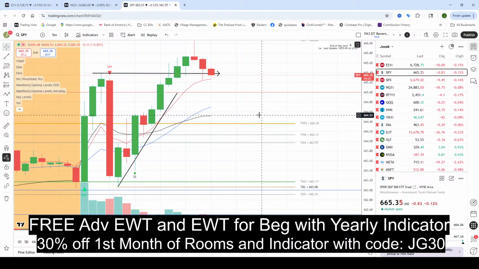All right, starting to see some weakness come through here. May get a sell signal soon. Need to see NQ drop just a little more. I think we'll get it.